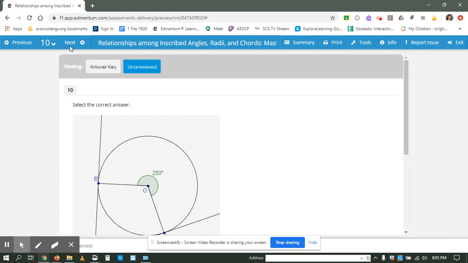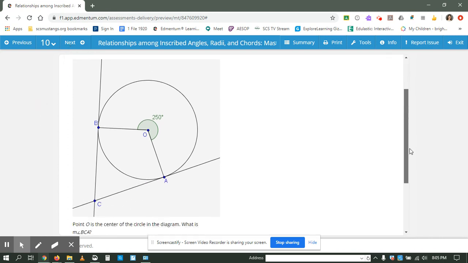Looking at that last one that I've got, this is one that I would have put before that first question that we worked together. It tells us that point O is the center of the circle in the diagram. What is the measure of angle BCA?